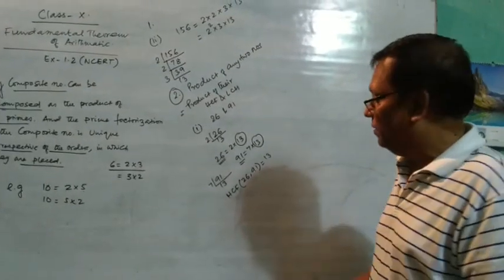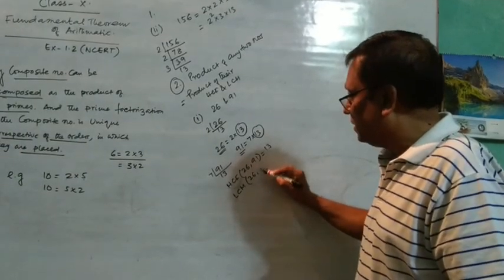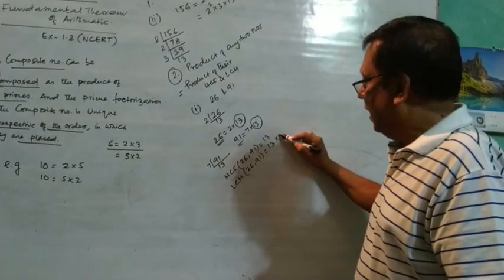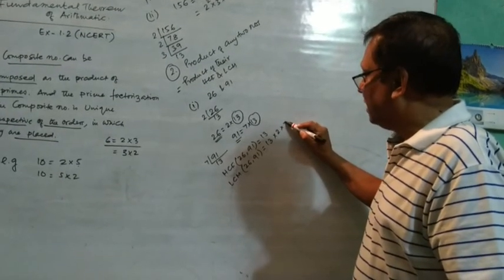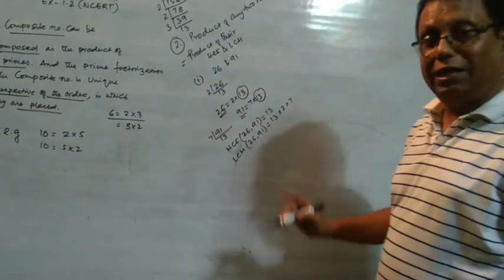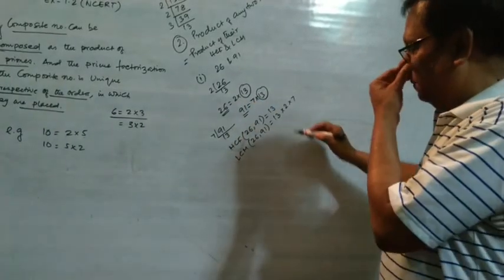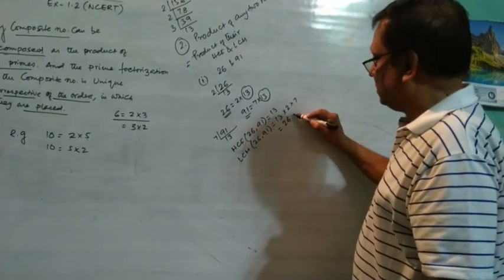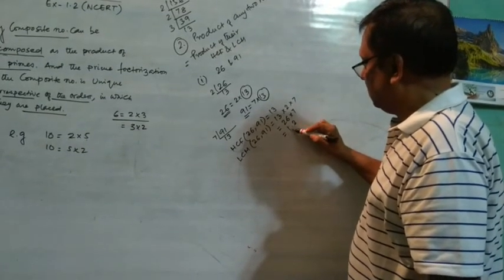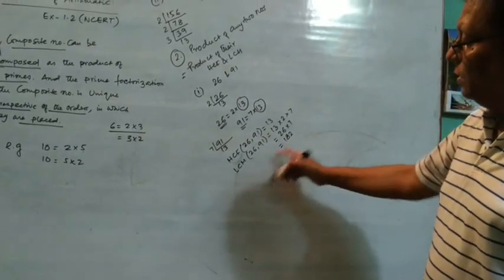13 is the HCF. Now the LCM of 26 and 91 is equal to the common factor and the uncommon factors left. 13 into 2 into 7. 13 will be taken one time because it is a common factor, into 2 into 7. That will be 26 into 7, 182 is the LCM.